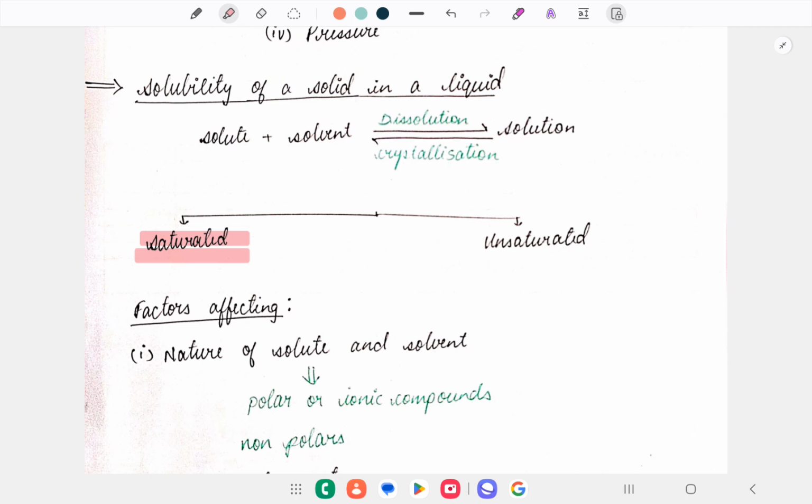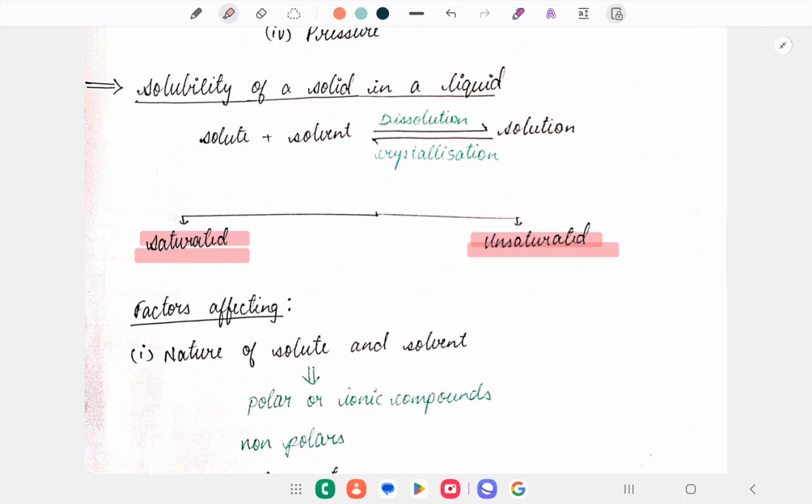Therefore, a saturated solution contains the maximum amount of solute in a given amount of solvent. The concentration of the solute in such a solution is called its solubility. An unsaturated solution is one in which more solute can be dissolved at the given temperature and pressure.